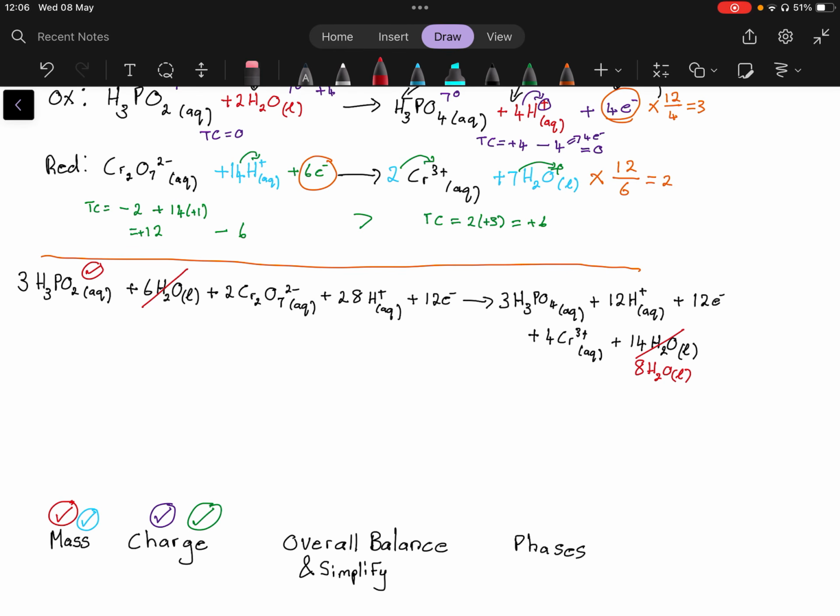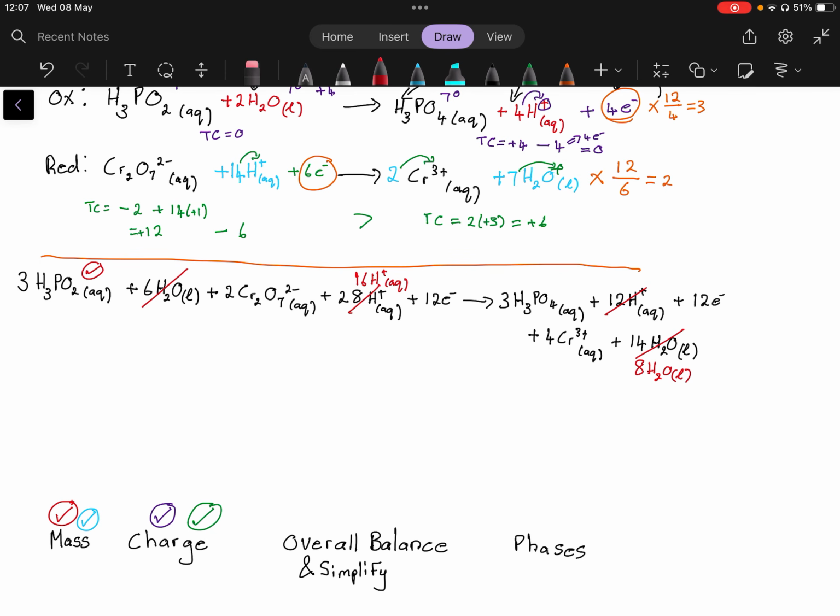All right. Next species, chromate. Is there any chromate on the right-hand side? No. Hydrogen, so H+ protons. Yes, there's protons on the left-hand side and on the right-hand side. The left-hand side is more. So 28 minus 12 is 16H+ aqueous. Then we have electrons.